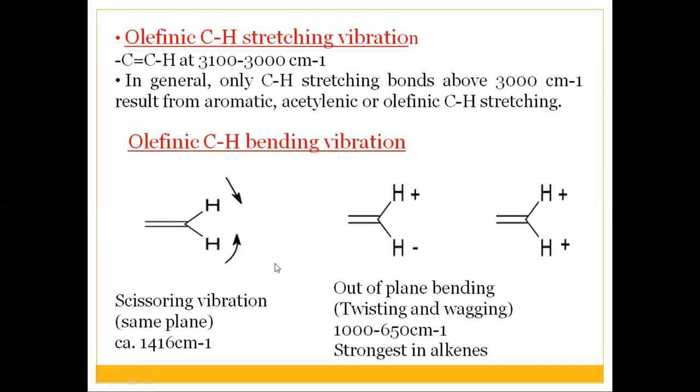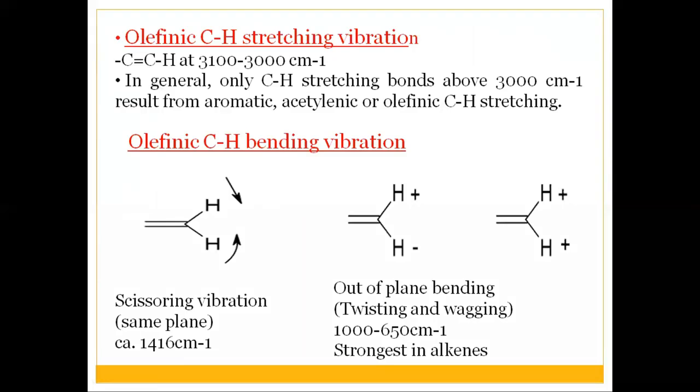So olefinic CH stretching vibrations will be seen at 3000 to 3100 per centimeter, that is near the carbon-carbon double bond, the olefinic CH stretching. And in general, only CH stretching bands above 3000 per centimeter result from aromatic, acetylenic or olefinic CH stretching.